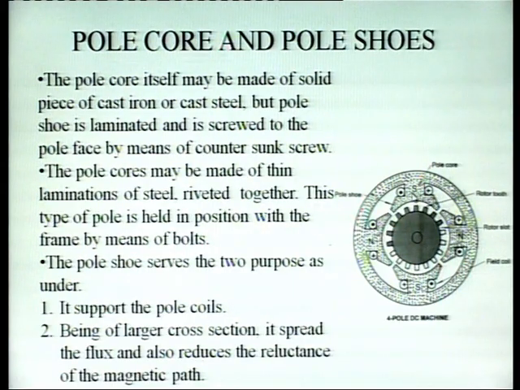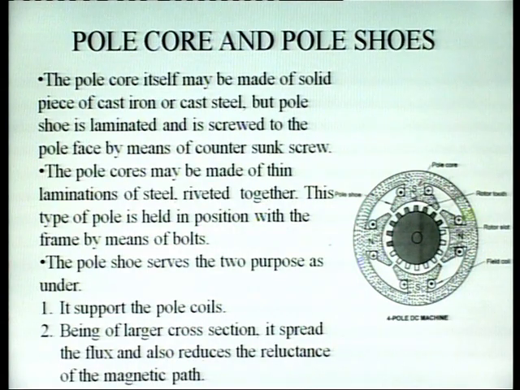Around the pole core we accommodate the windings, and the purpose of pole shoes is to support them. These circles with dots represent the field windings.